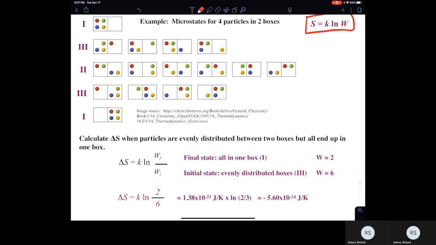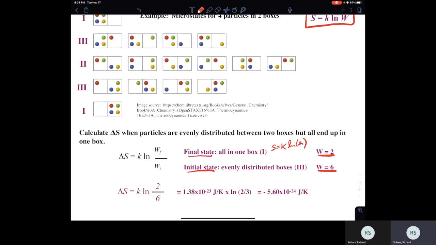So, for instance, if the final state has all in one box, that's condition 1, W equals 2, and S would be K natural log of 2. If the initial state is condition 3, where W is 6, there, oh, did I do this wrong?